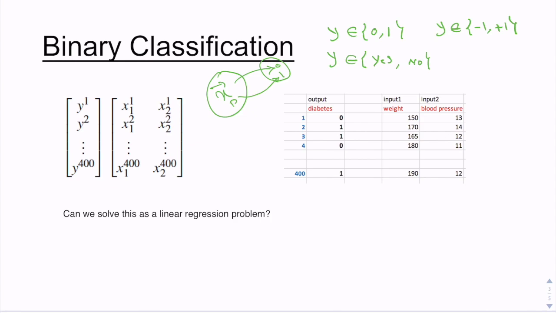We would like to see if that person has diabetes or not. So the classification problem is as follows. We have 2 inputs for each patient, x1 and x2, and the output is y, which could be 0 or 1.